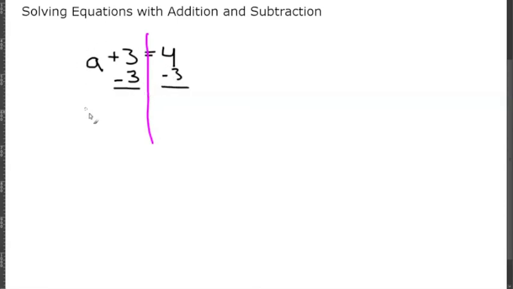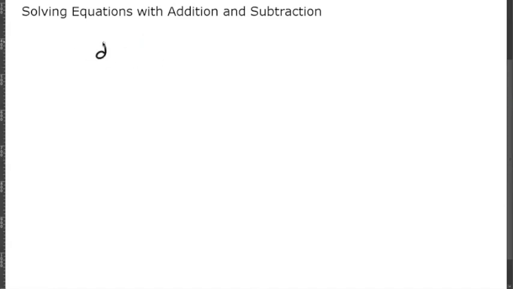So we're left over here with A plus 3 minus 3 is 0, and that's still equal to 4 minus 3 is 1. And we know that A plus 0 is just A, based on the addition identity property. So A is equal to 1.